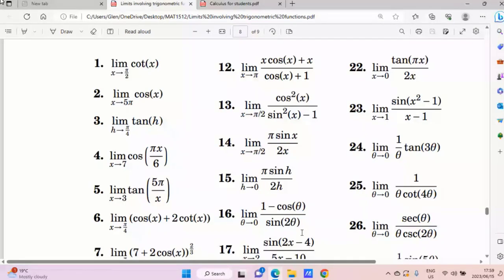You changed from root 2 over 2 plus 2 to where? To root 2 plus 4 all over 2.